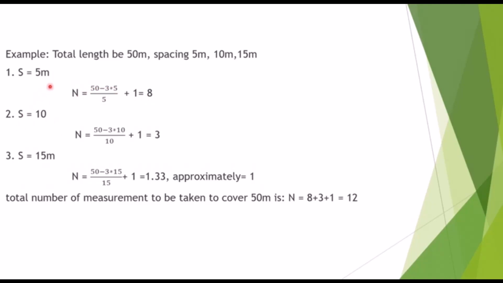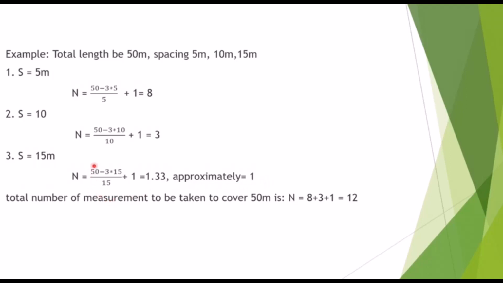Similar to the first one, we can calculate the measure number for the spacing of 10 meters as (50 minus 3 times 10) divided by 10, plus 1, and we are getting the measure number as 3. For the spacing of 15 meters, we are getting the measure number equal to 1.33, which is approximately equal to 1.